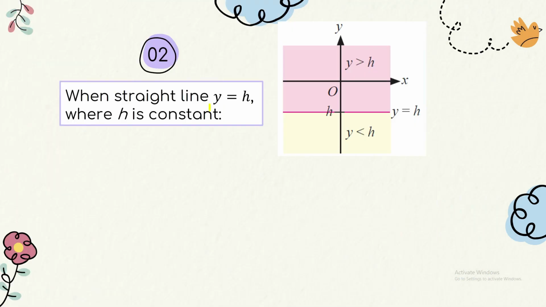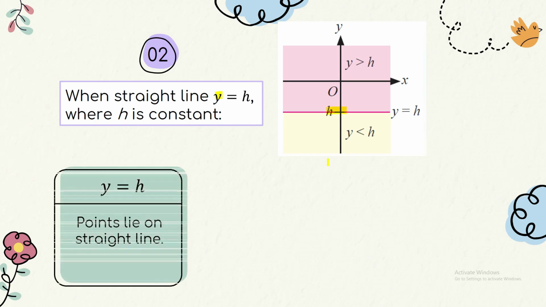Next, for the second situation, when the straight line is y equals h, where h is a constant. This is the graph y equals h. On the y coordinate, the vertical one, h is located here, so we draw a straight line here because it involves only one variable, which is y. h is a constant.